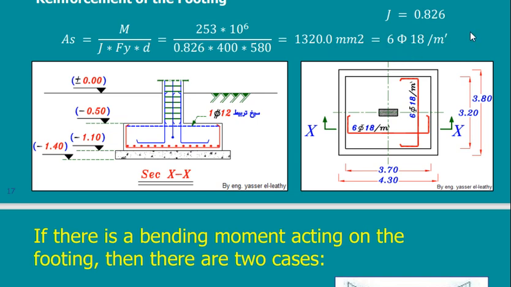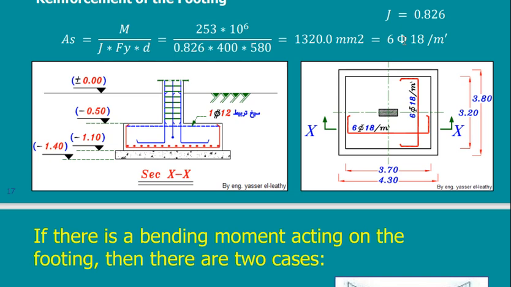This area, here we took it 6,518. What is the minimum number of rebars I can use in 1 meter? By the way, this is per meter. This is calculated based on a moment on a meter of the footing. So 6,518 means that I have 6 rebars next to each other.